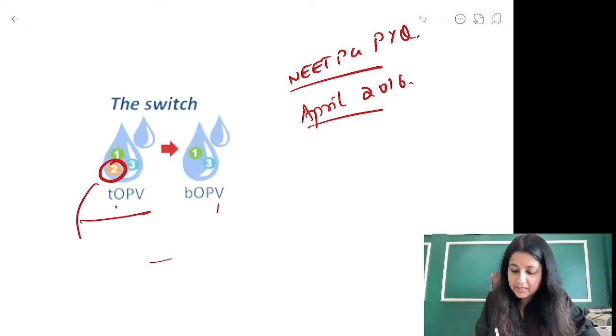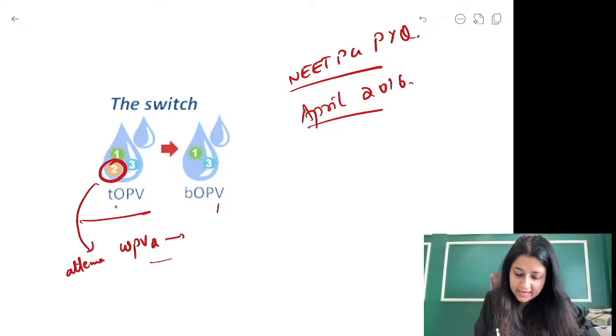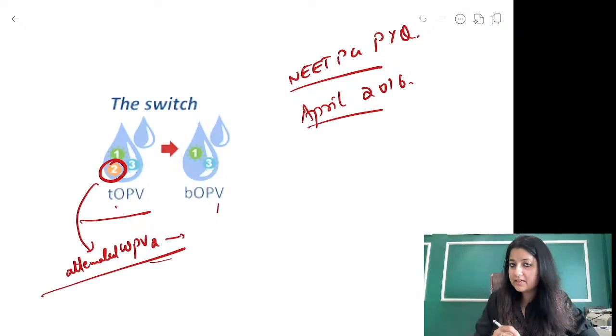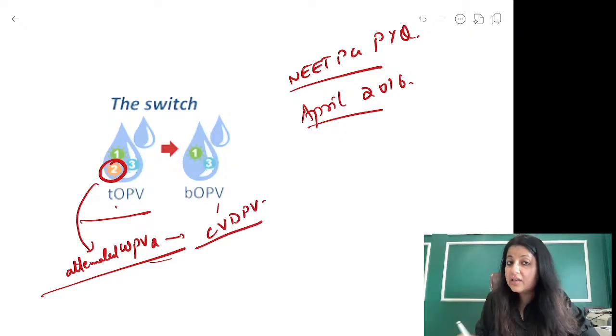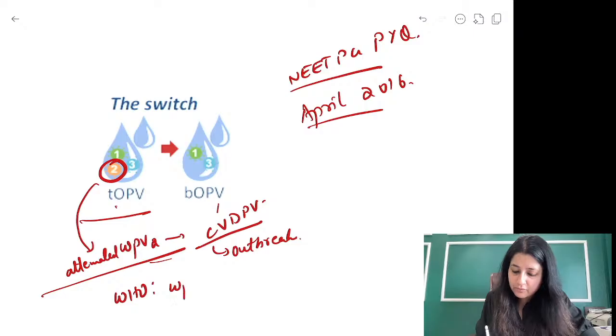Why have we removed the type 2 guys? Wild poliovirus type 2, the attenuated form that was contained in the vaccine was leading to CVDPV, circulating vaccine derived poliovirus, which was causing outbreaks. Then WHO said that wild poliovirus type 2 was eradicated.